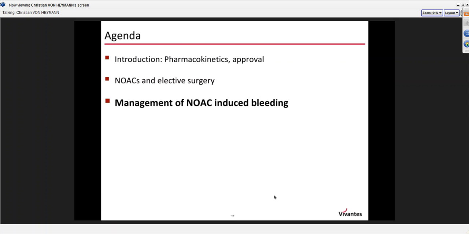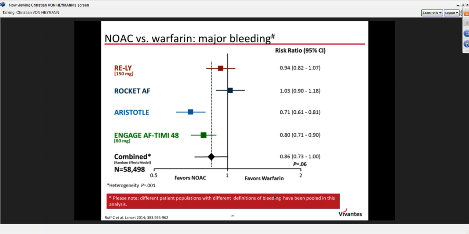First of all, I would like you to know that this was investigated in the approval studies as well. This is, again, the meta-analysis from Dr. Raft from the US, saying that in the pooled analysis of all the patients included, roughly 60,000 patients, the NOACs were doing better in terms of bleeding risk compared to the warfarin-treated patients.